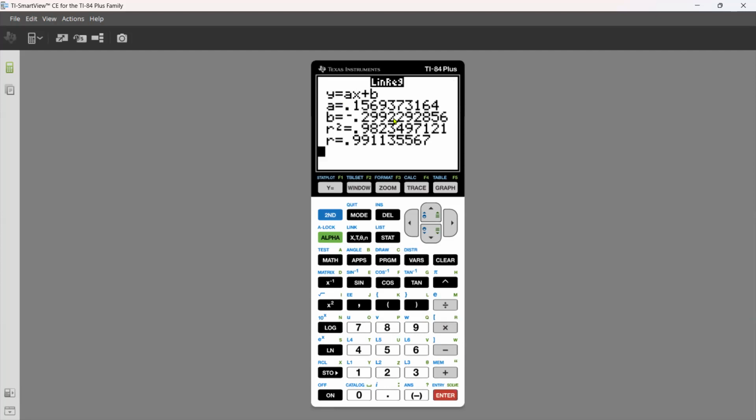Now, you should have 4 values on your screen. If you do not have 4 values on your screen, go back and look at the video where Professor Nickdell explains this. You have to go into the catalog on your screen. I also explain this in a video that I did.